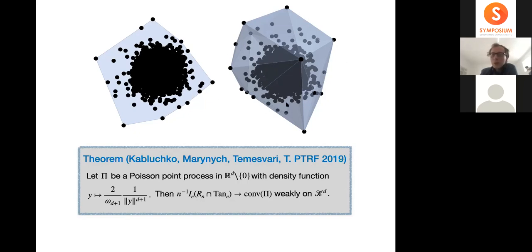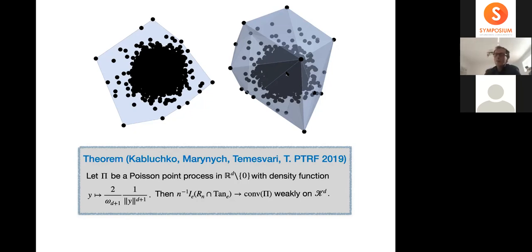And here you see a simulation in R^3. Somewhere sitting inside this point cloud here is the origin of R^3. Again, you see around the origin infinitely many points, but outside only finitely many points because this density becomes integrable.